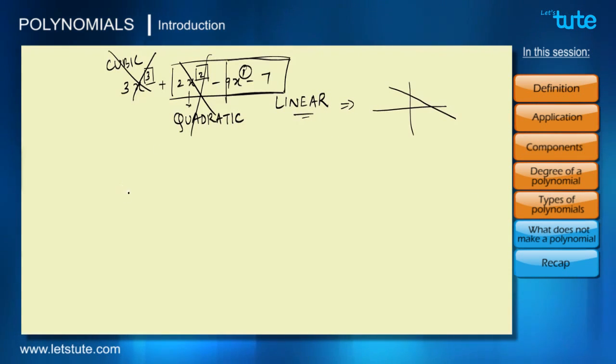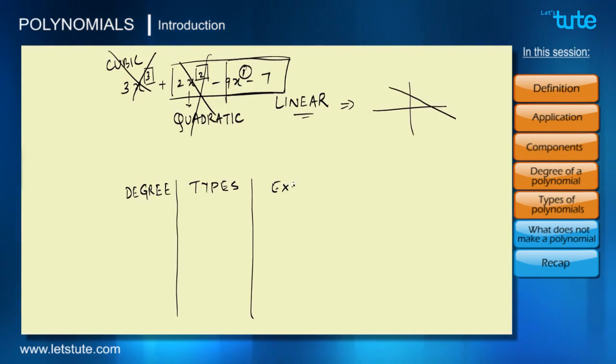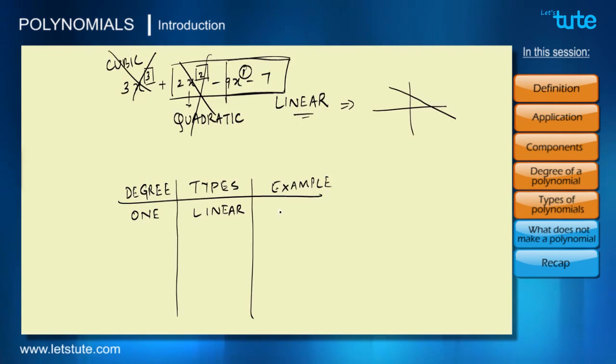Okay, so let us make a table so that we remember it properly. The first column would be degree, then we have types of polynomials, then we'll write an example so that we understand it better. When the degree is 1, the polynomial is of the type linear polynomial. For example, let's say 3x plus 7, we have only 1 degree, right?